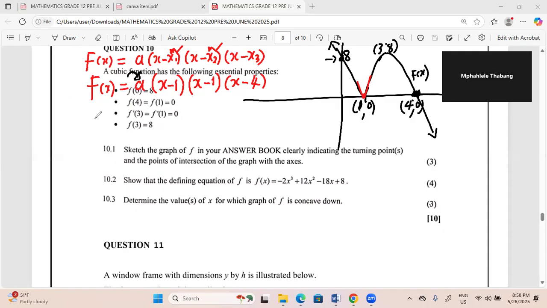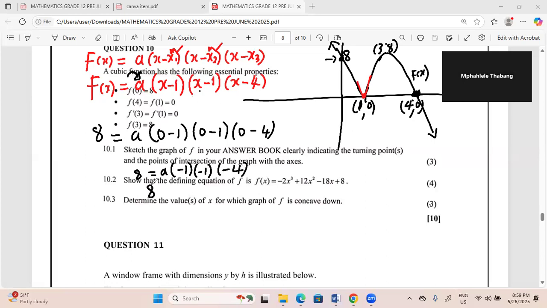So I'm going to say f of x is 8. Substitute x with 0. Therefore, 8 equals a into 0 minus 1, minus 1, minus 4.